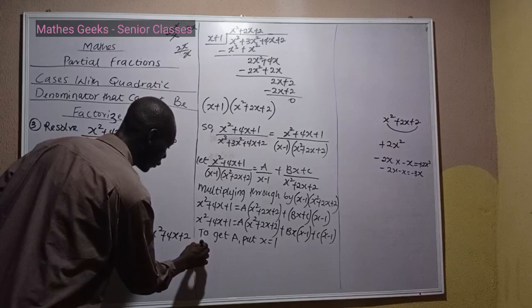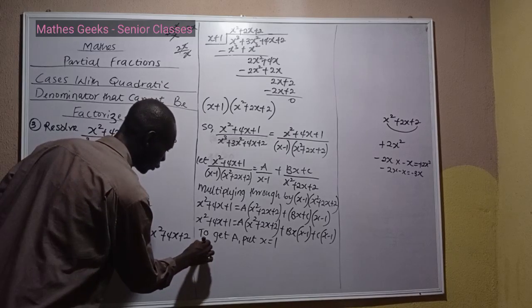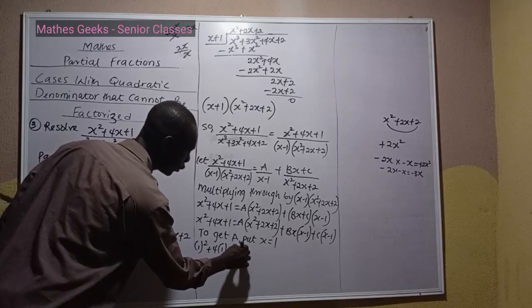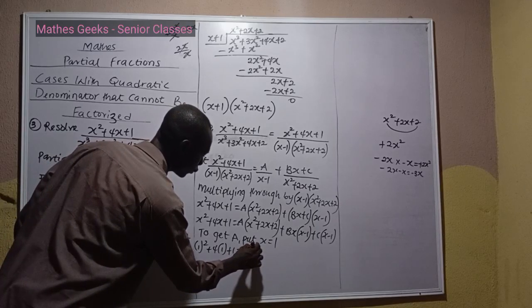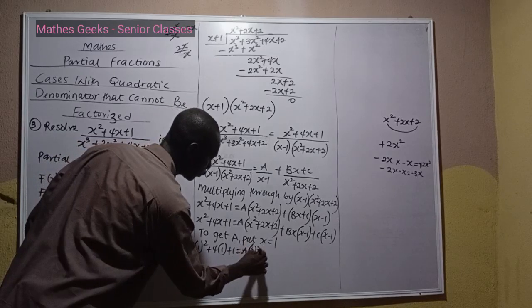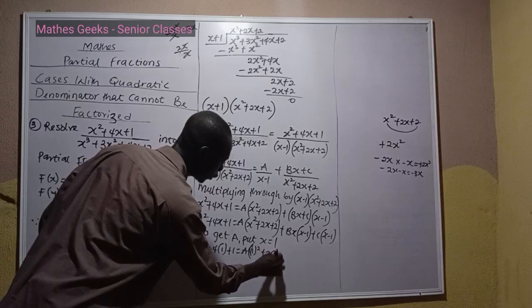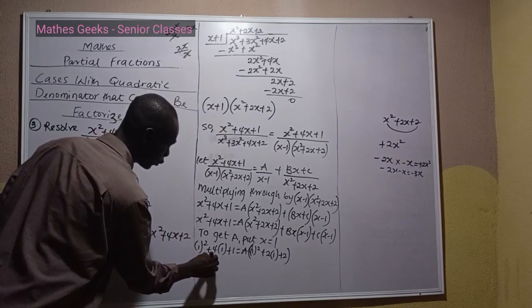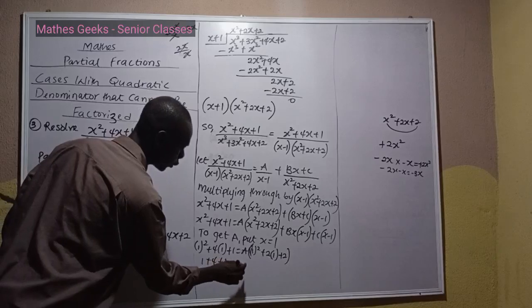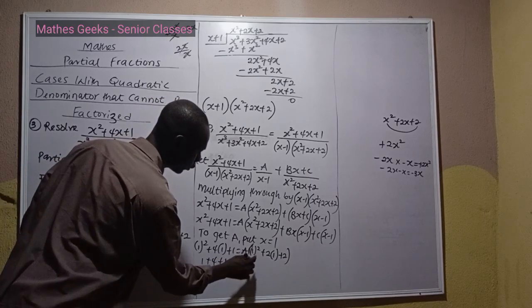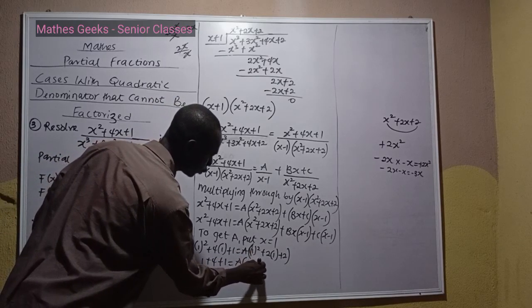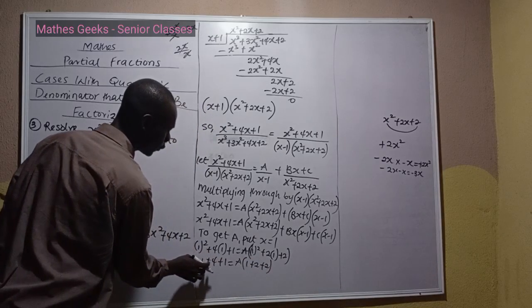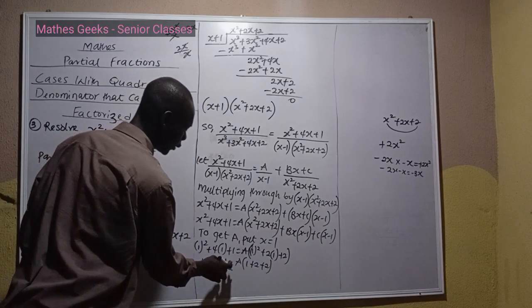So here 1 squared plus 4 times 1 plus 1 is equal to 6, and 1 squared plus 2 times 1 plus 2 is 5.